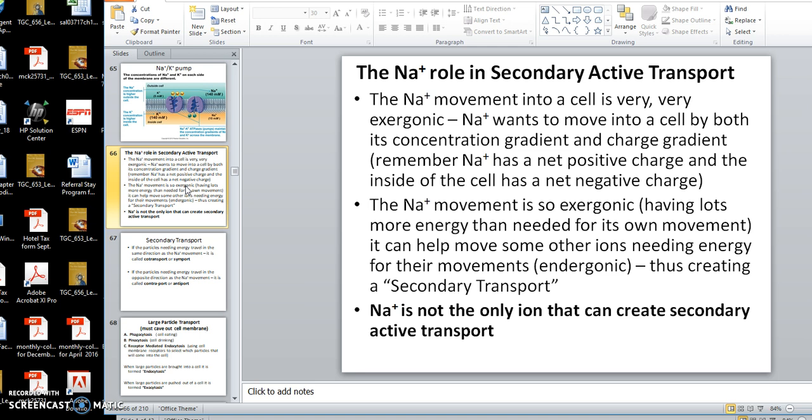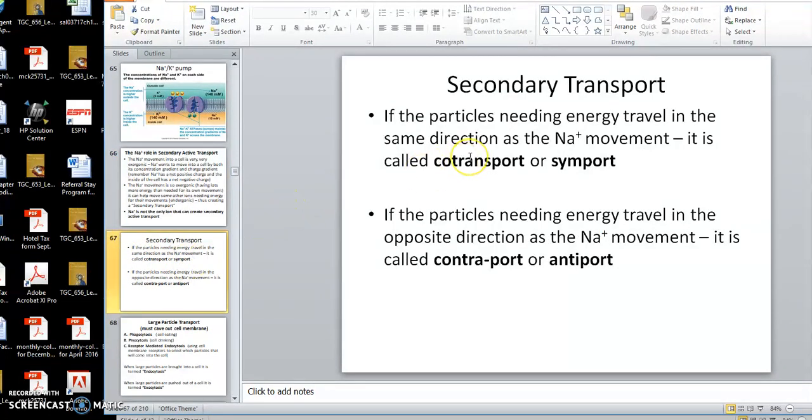But in certain cases, special transporters can occur where, since you know sodium is going to drive into the cell, it could piggyback something on its back. So when the sodium comes in, which it will, and has all that energy, it would carry the other particle with it. In that particular case, you wouldn't need extra energy. It would be a 2-for-1 deal. Since the particles are both going in the same direction, we can call that co-transport or symport.